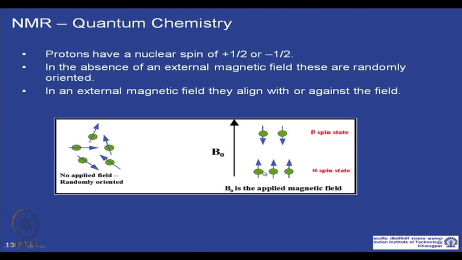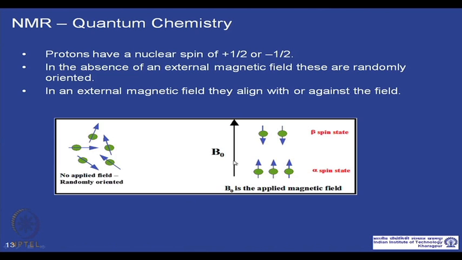They can align with the external magnetic field, or they can align against it. These two states are energetically different. Obviously, the against-field state has higher energy than the with-field state, which has lower energy.